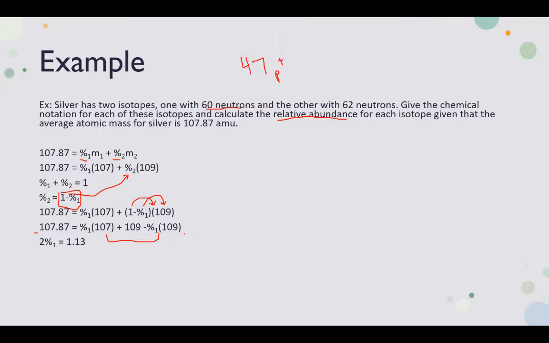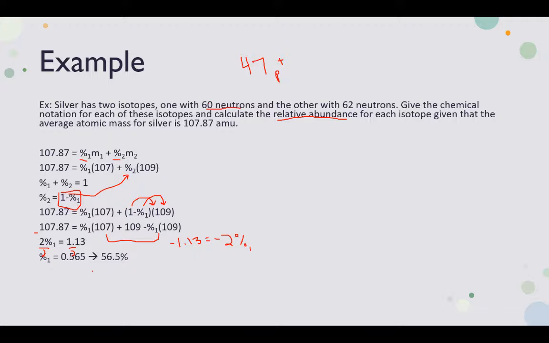So when I move my percentage to the left side and my numbers to the right side, I get 2 times percentage 1 equals 1.13. Now, if you didn't switch sides, you would just get negative 1.13 equals negative 2 times percentage 1, which is exactly the same thing. So as you're solving this, you can leave it like this as well. Notice you'd just be dividing by -2 instead of by 2. So in this case, I'm just going to divide both sides by 2.